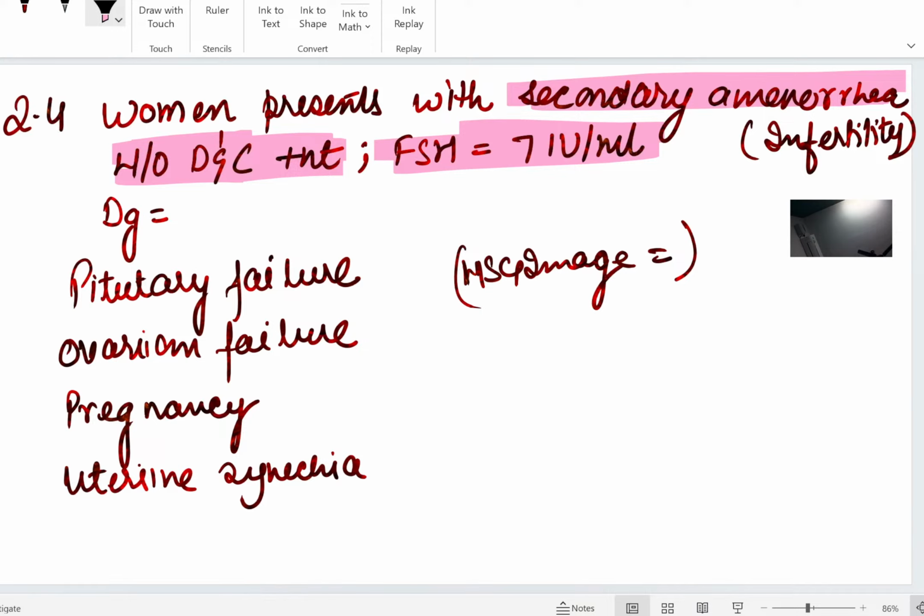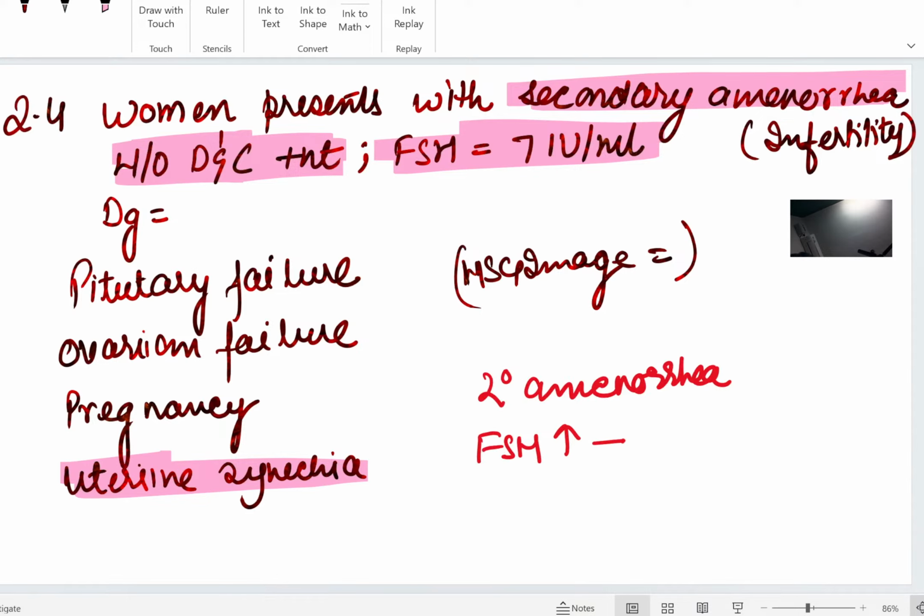I told you that in a patient of secondary amenorrhea, if the pregnancy test is negative, we will get the FSH done. Dr. Sabri, it is D. If FSH is high, then it is the case of ovarian failure.